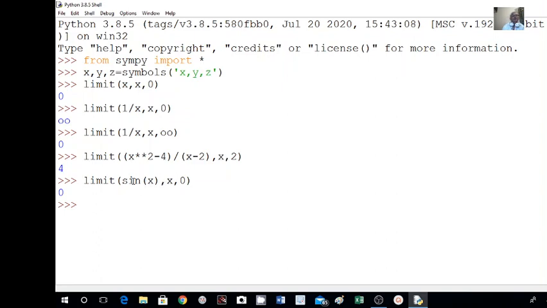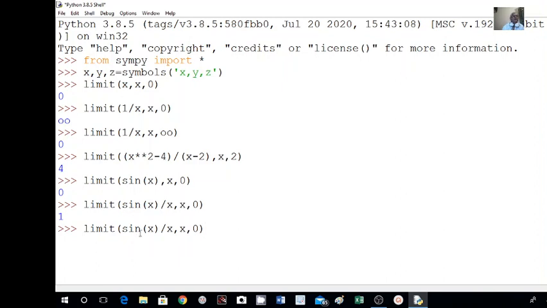Only sin x as x tends to 0 is equal to 0. If I divide this by x, sin x by x as x tends to 0, enter. This is equal to 1.